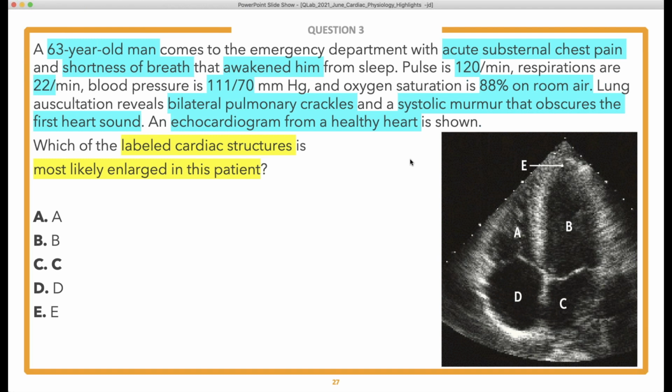Maybe you weren't sure exactly what kind of murmur was going on, but if you looked at why the patient was coming, acute substernal chest pain, that really should make you think about an acute myocardial infarction, or acute MI. So this patient likely is having an acute MI. That's why they came in.